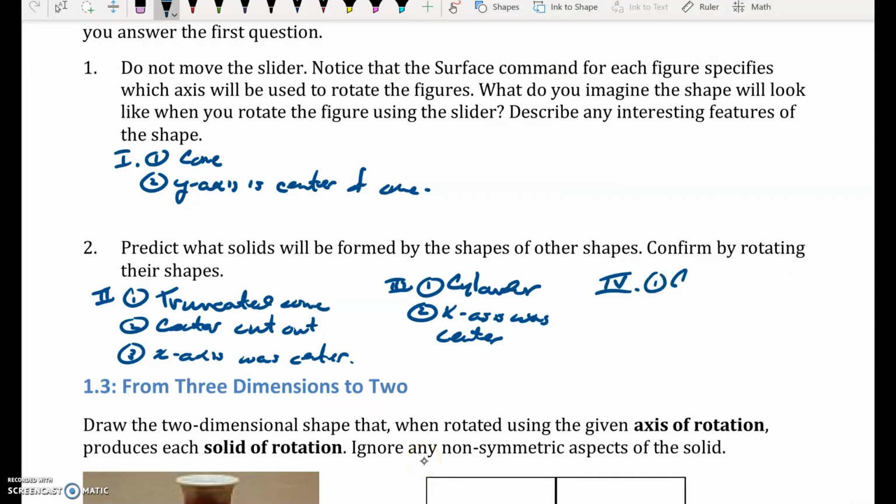So figure 4 becomes a cylinder. The center is hollow or bored out. And the y-axis is the center of the cylinder.